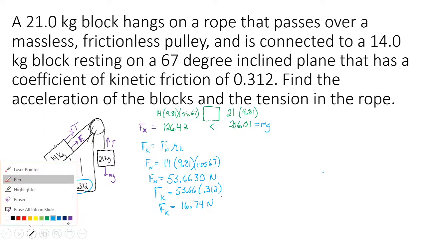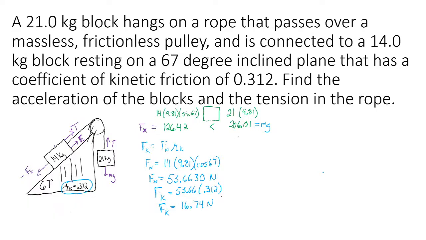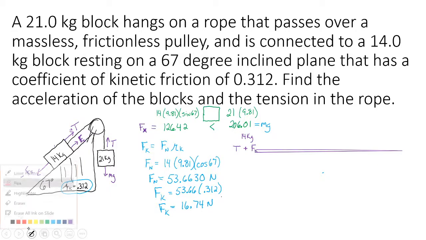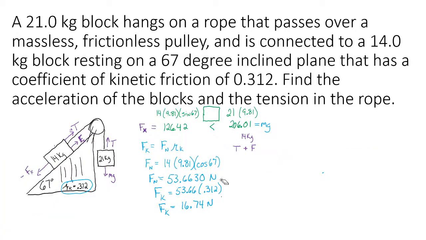So let's begin to work on that. So for the 14 kilogram block, my system of equations says it's positive tension plus Fk, excuse me, minus Fx equals mass times acceleration.